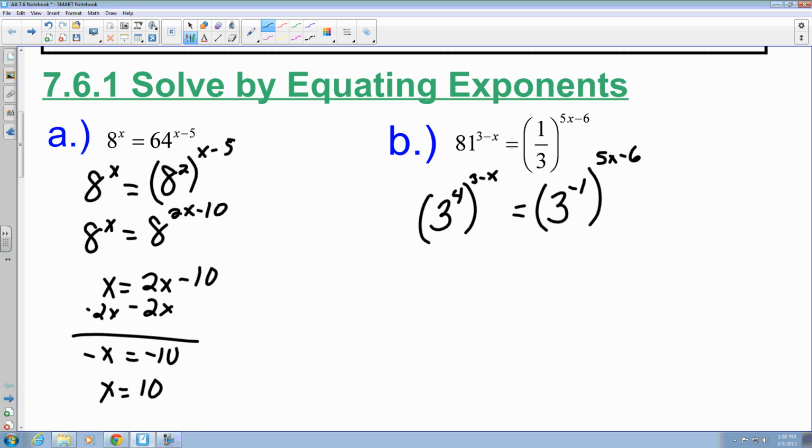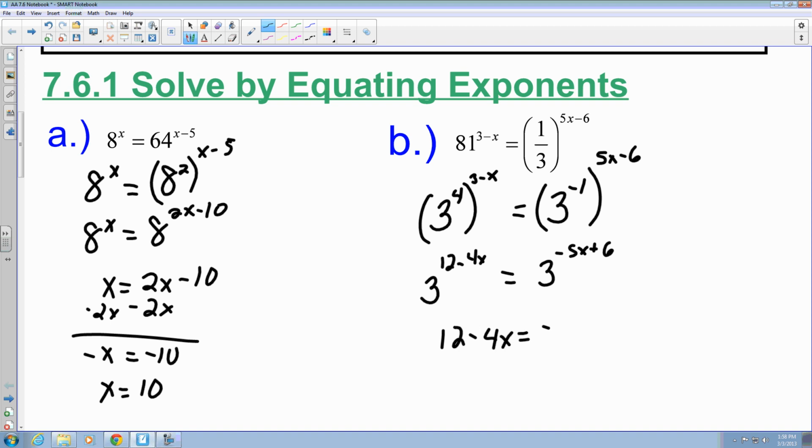Using the power of a power rule, I get 3 to the 12 minus 4x power equals 3 to the negative 5x plus 6. Now that we have the same bases, I don't need them anymore, but I can just use the exponents to solve for x.